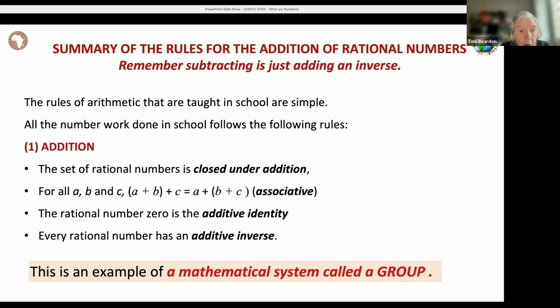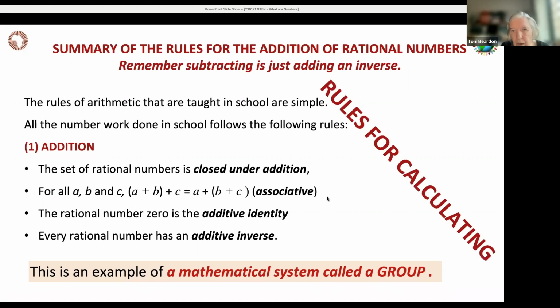And rule number 1 has 4 parts to it, all about addition. The set of rational numbers is closed, it's associative. There's an additive identity, it happens to be 0, and every rational number has an additive inverse. So what we're doing here is just rules for calculating.